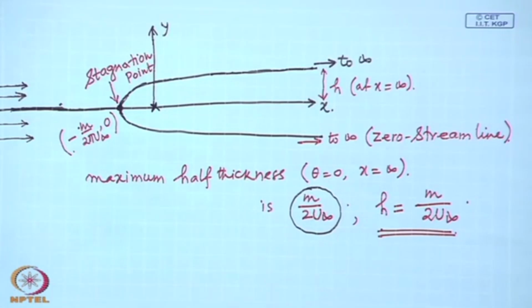That is the stagnation point, minus m by 2 pi u infinity. The height is m by 2 u infinity. This is the height, m by 2 u infinity.